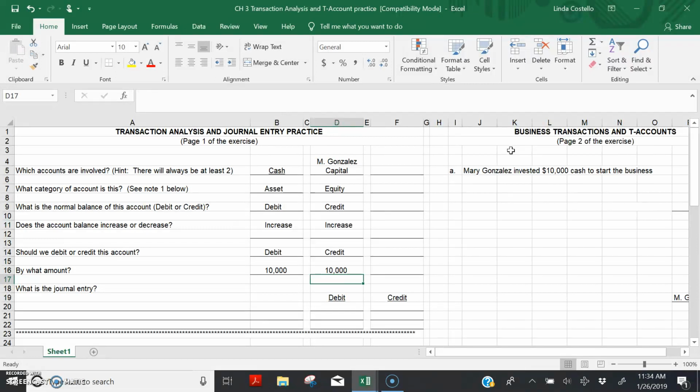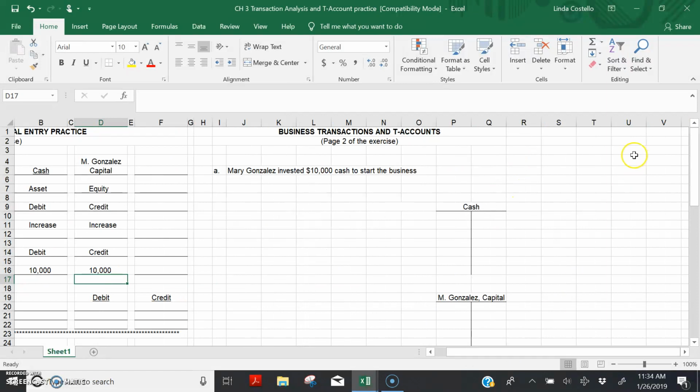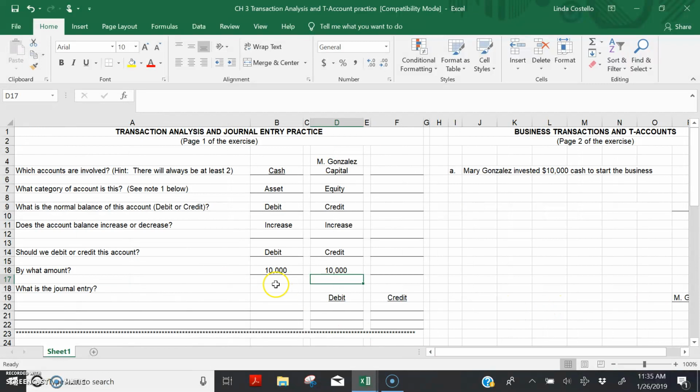As you can see on page 2 of the worksheet, we have a separate T account for cash and another one for M. Gonzalez Capital. Remember, debits are always posted on the left and credits are always posted on the right. This analysis tells us that we need to debit cash $10,000 and credit capital $10,000.